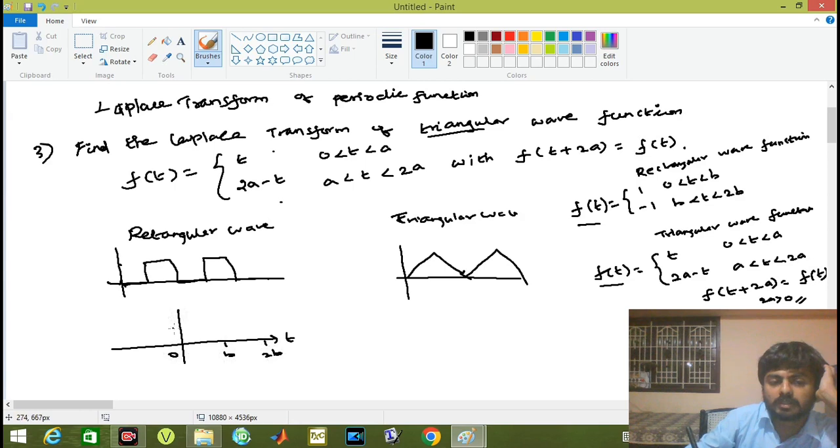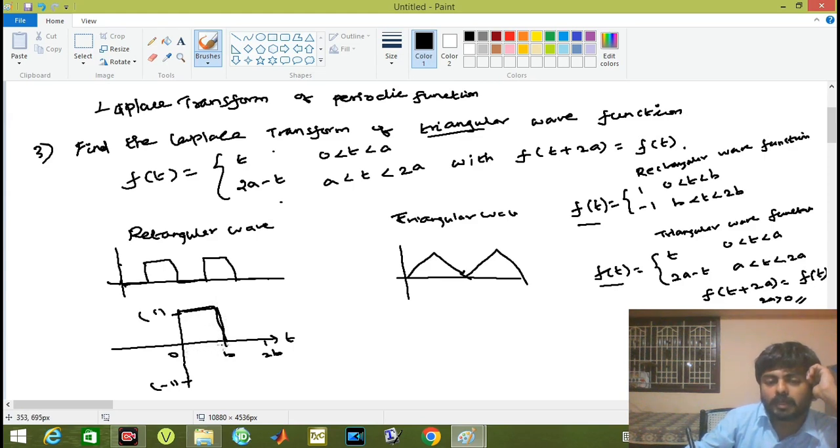For 0 to b we are having 1, and for b to 2b we are having -1. So it is -1, 0 and +1. So for 0 to b the limits are given by this. It may look like this.